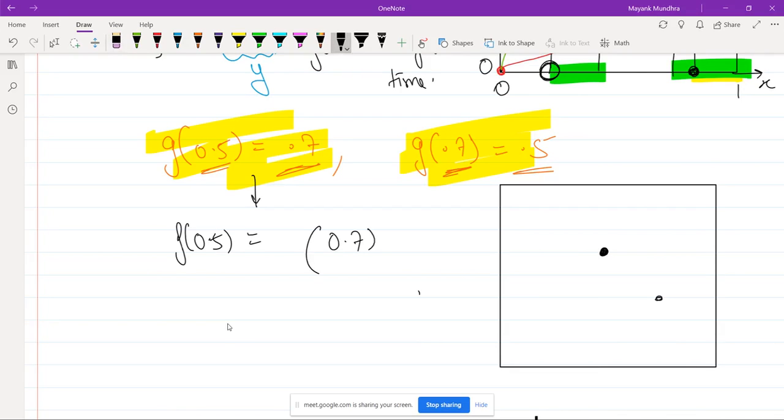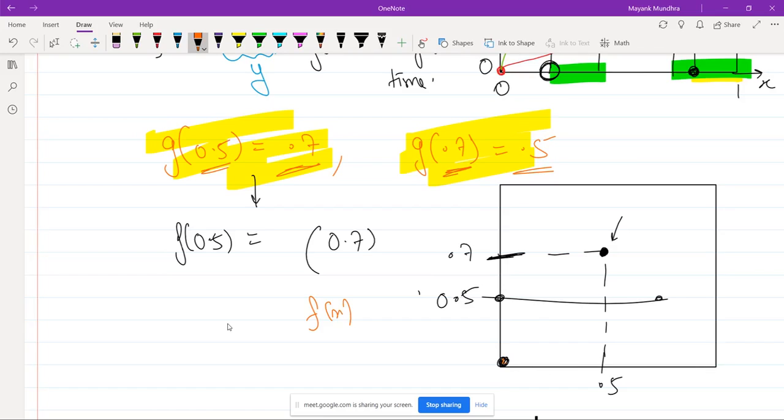My original function should have reached this point (0.5, 0.7). If my function starts from the origin and reaches a value of 0.7 by 0.5, it should have crossed the value 0.5 at some point in between, because in order to reach from here to here, it should cross this line at least once.